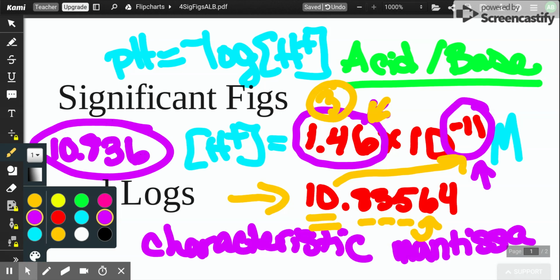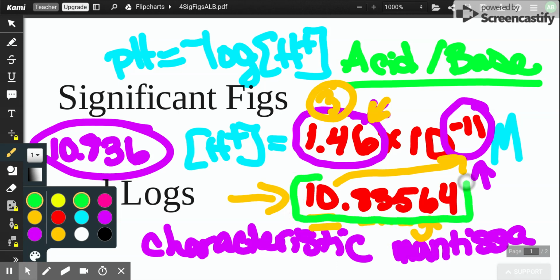If you want to go backwards really quickly from, say, pH back to concentration, I'll write in green this time. Say you were given this entire number as the pH, which would be ridiculous because look at how many sig figs there are, but that's okay. Let's pretend. This 10 is going to inform me of my exponent of 10, so it's going to be around 10 to the 10.